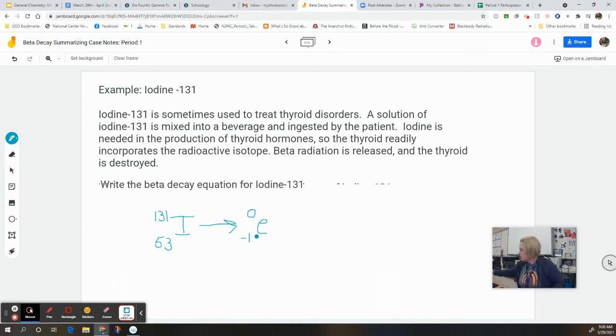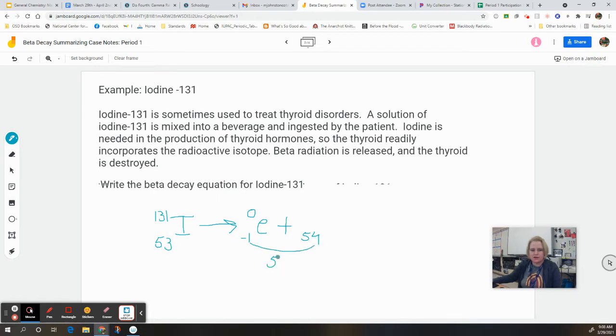So I need to figure out what daughter isotope will be left after an electron has left the nucleus of iodine 131. So I say to myself, what number, when subtracted by 1, will give the answer 53? And the answer there is going to be 54. So 54 minus 1 is 53.